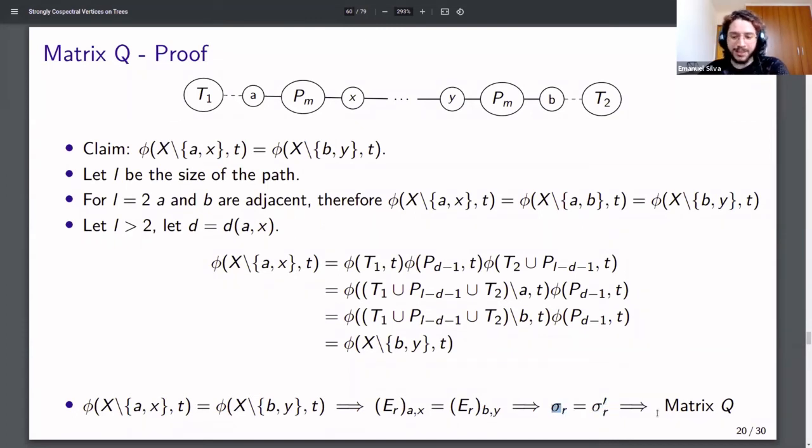And this implies the existence of a matrix Q that swaps A and B and also X and Y. Okay? And just a comment here.